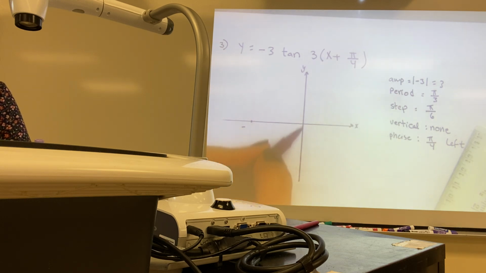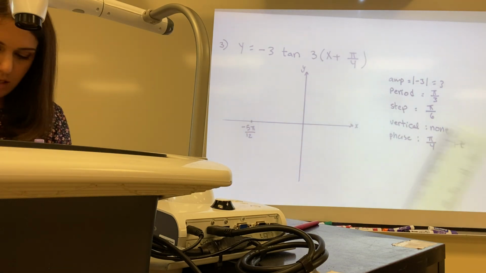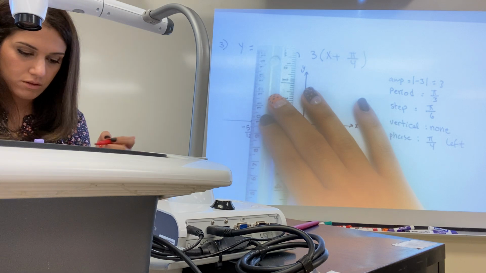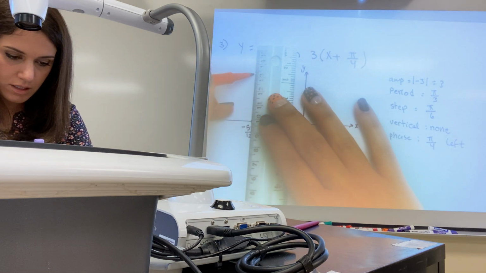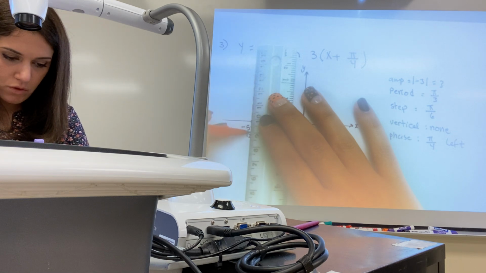This one is shifted, so this will be negative 5 pi over 12. This is the end of the beginning period, so this will be the first vertical asymptote.